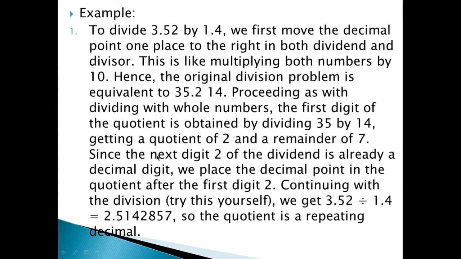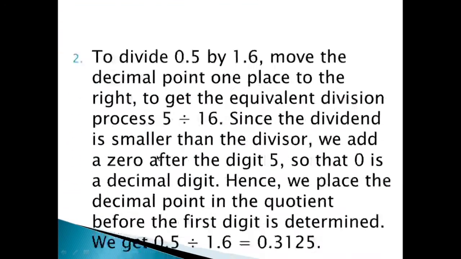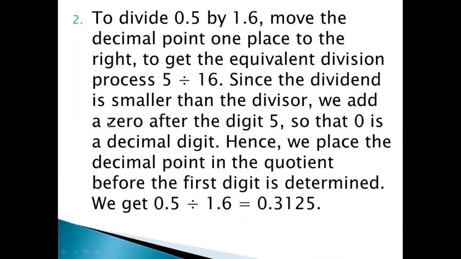Okay? So, to make sure your answer is correct, try computing it on your calculator. Okay? So, number 2, to divide 0.5 by 1.6, move the decimal point one place to the right to get the equivalent division. So, 5 divided by 16. We moved one place, so it will be 5 over 16.